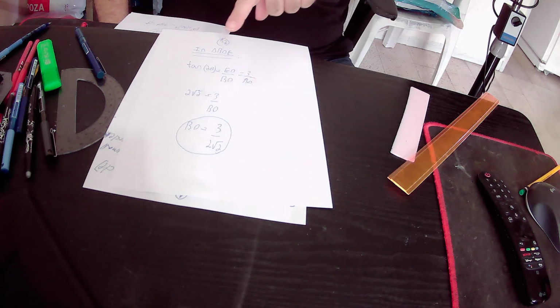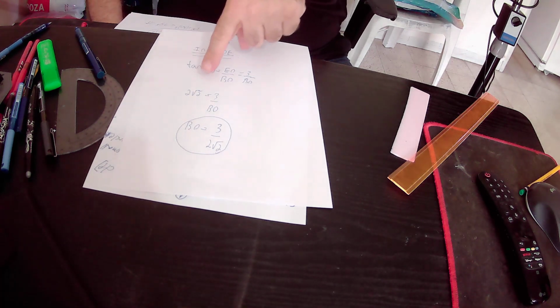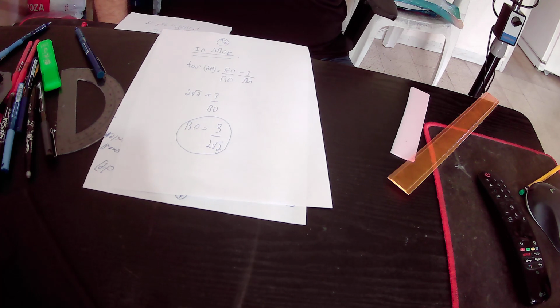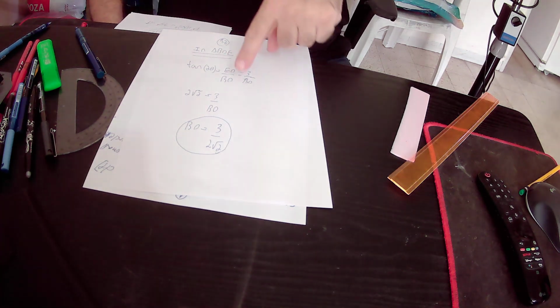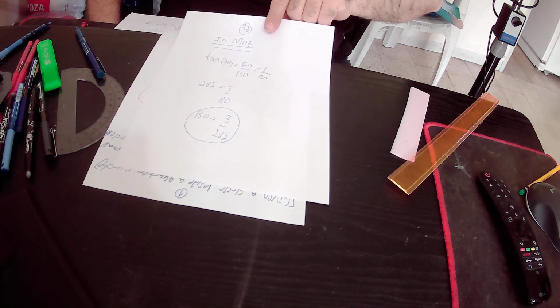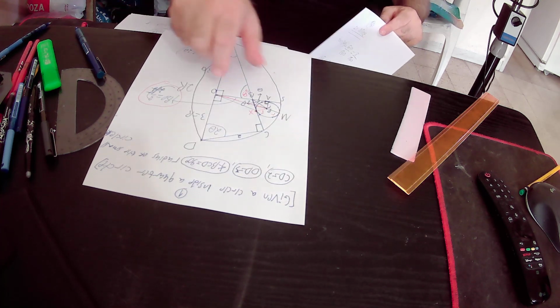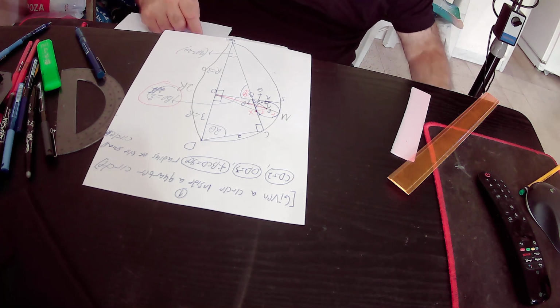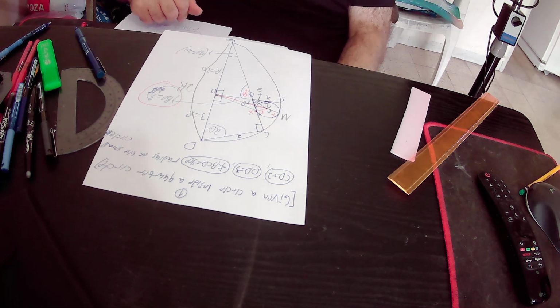We have already found out that tangent 2 theta equals 2 times root 2, so we substituted tangent 2 theta by 2 times root 2. From this equality, we got that BO equals 3 over 2 times root 2.